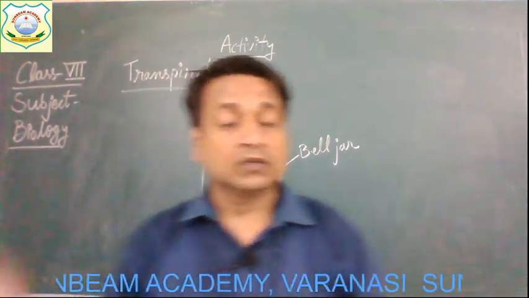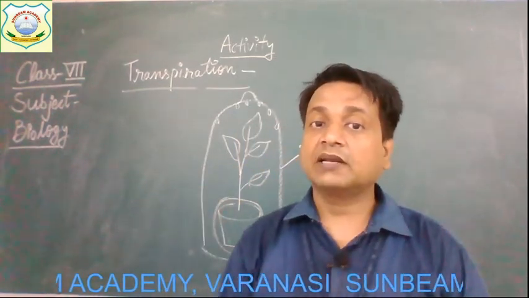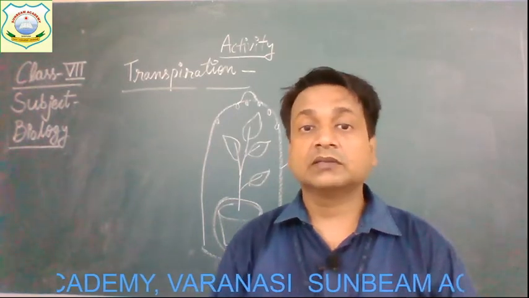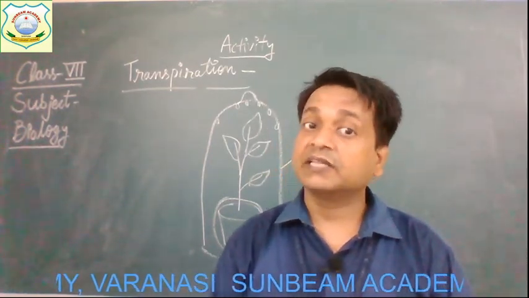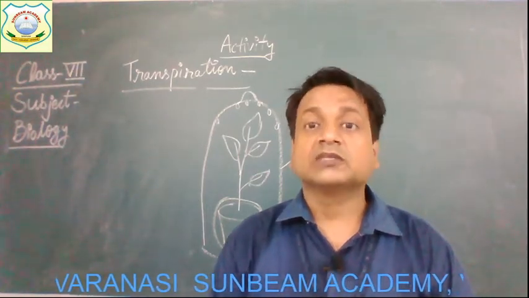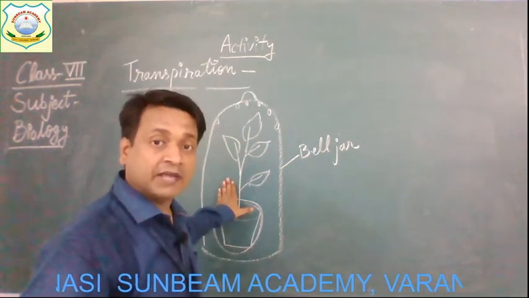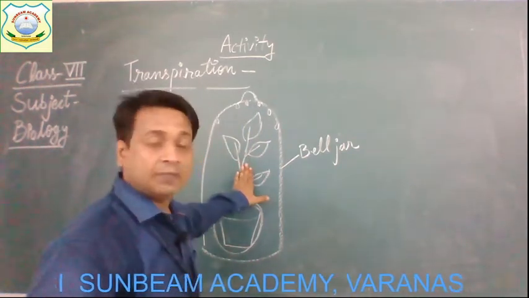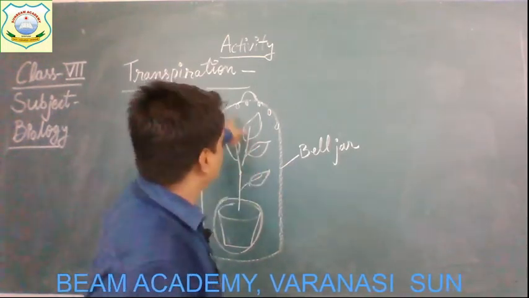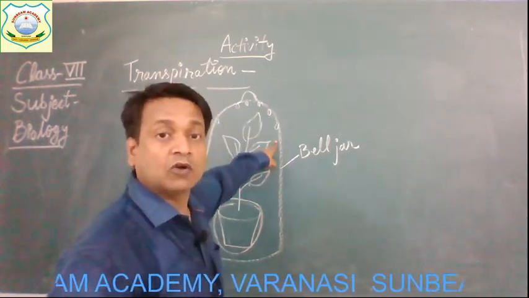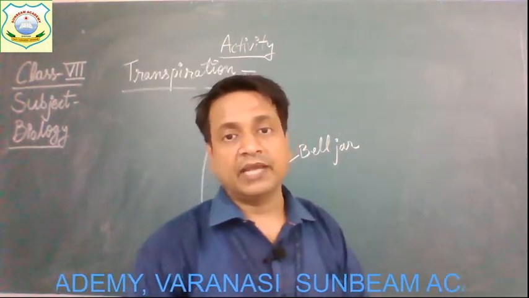These water droplets collect on the inner surface of the bell jar as we have covered the soil completely, so they come nowhere else but the leaves. Okay, so this activity shows that in the process of transpiration, the leaves of the plants remove the excess water, and this water gets collected in the form of droplets on the inner surface or inner wall of the bell jar.